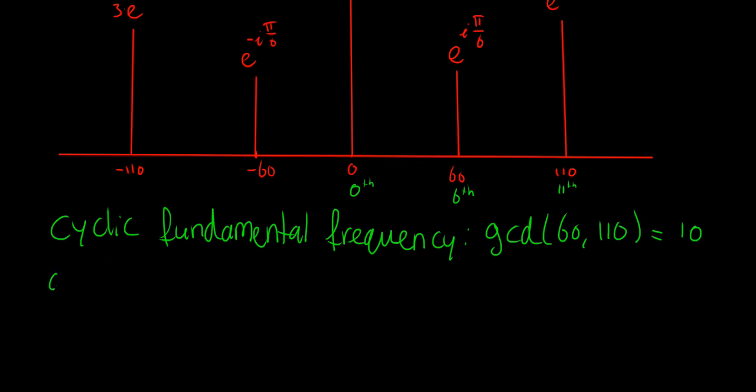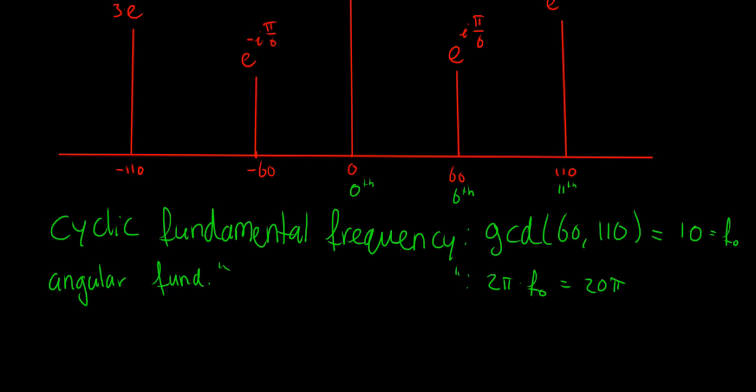Of course, we also have the angular fundamental frequency, and this is very easily calculated with just 2 pi times our fundamental frequency, which is actually denoted by f0. And in our case, this is 20 pi.